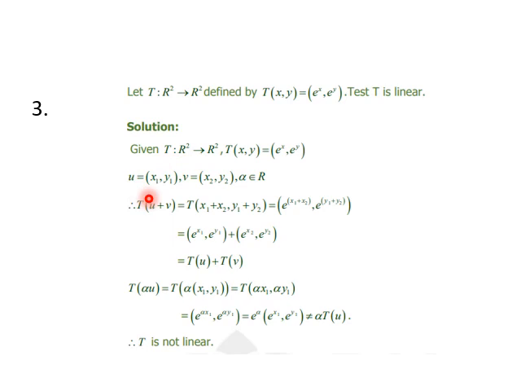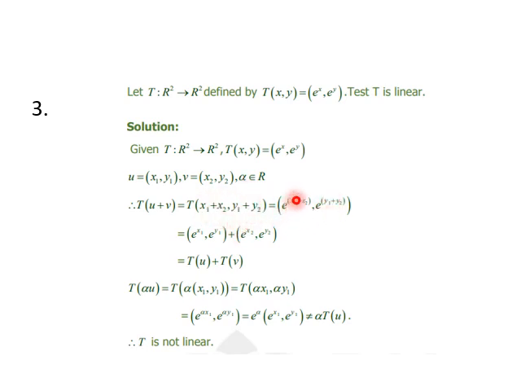I am taking u = (x1, y1) and v = (x2, y2), and we are going to find T(u + v). First, u + v is (x1 + x2, y1 + y2). When I apply T, it becomes e to the power first component, e to the power second component.